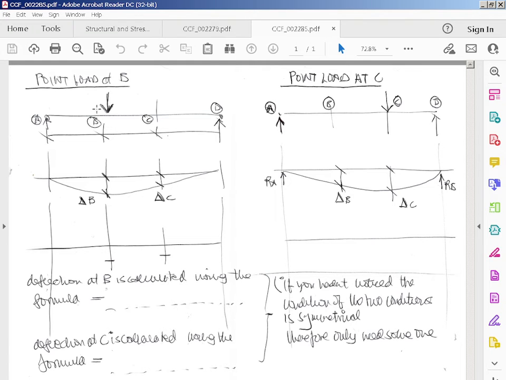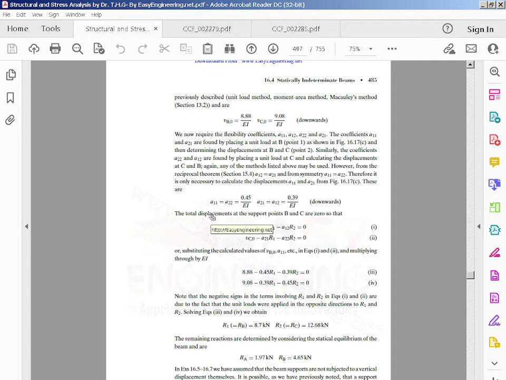When you've got a unit load of 1 at B, you then find the deflection at B and the deflection at C. That's what he's calling A11 and A21, and A22 and A12.